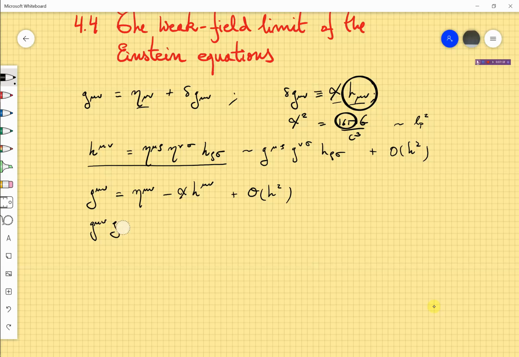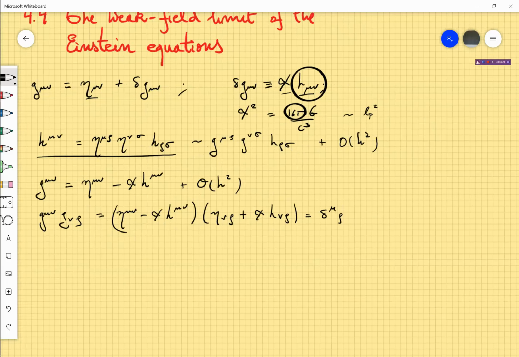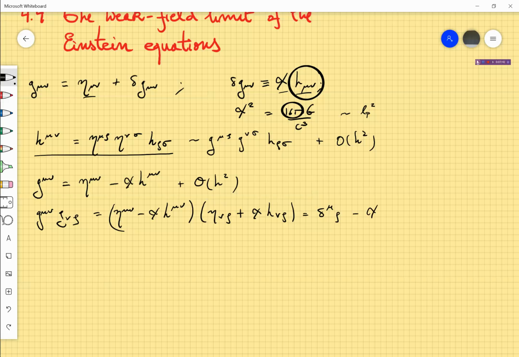Okay, if you multiply this by, for instance, g nu rho, this is eta mu nu minus chi h mu nu, and this is eta nu rho plus chi h nu rho, and this is delta mu rho minus chi h mu rho with index down.